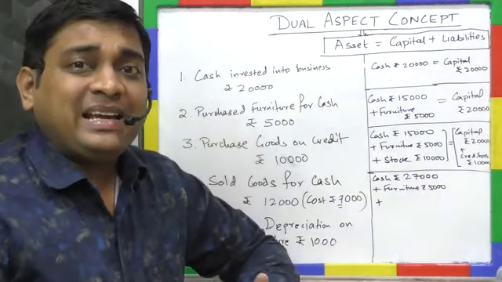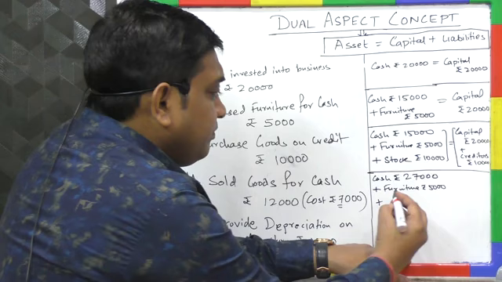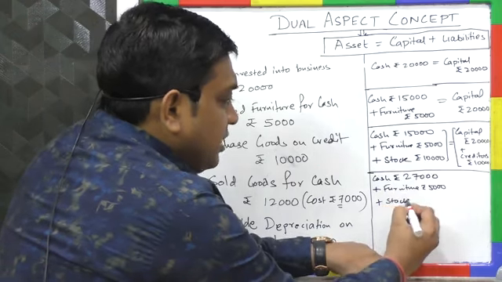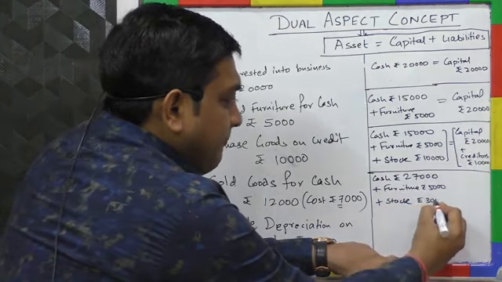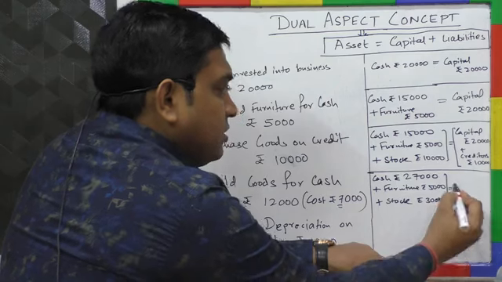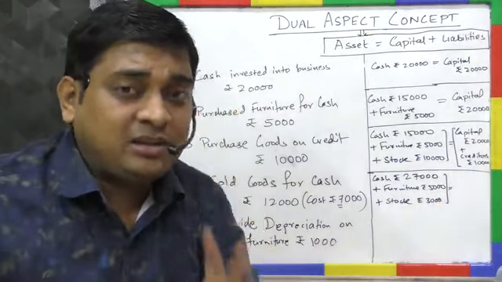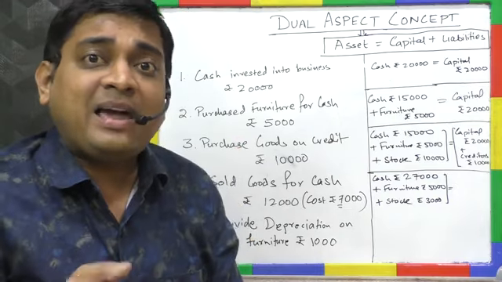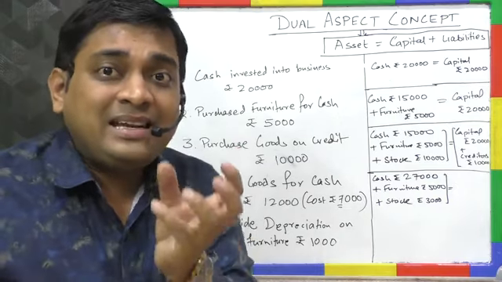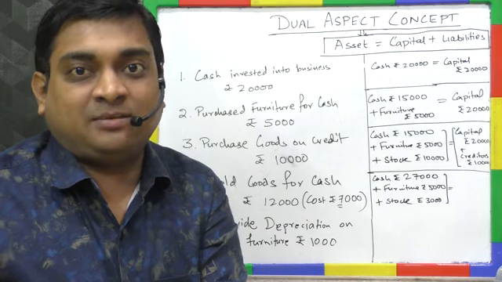Stock will decrease by 7,000. So the new stock balance will be 3,000. So there is an increase in one asset by 12,000 and a decrease in another asset by 7,000. This indicates growth in your net worth.